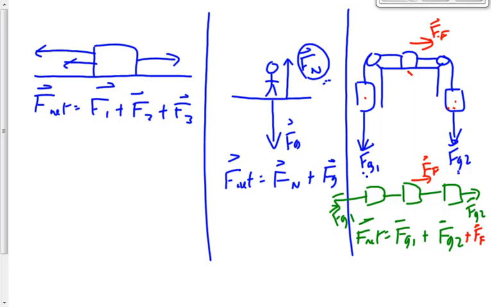Sorry, say it again. The effect of the force of gravity is applied on the middle object. I'm not sure exactly what you mean by that. There is a force of gravity acting on the middle object directly, right? But there's the normal force, which cancels out there.